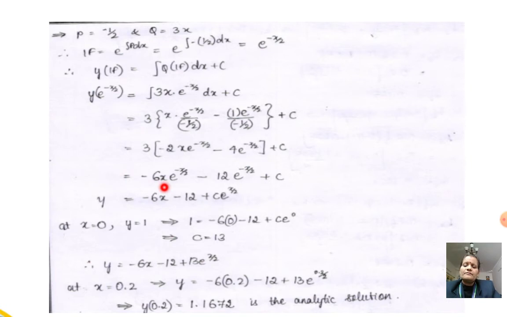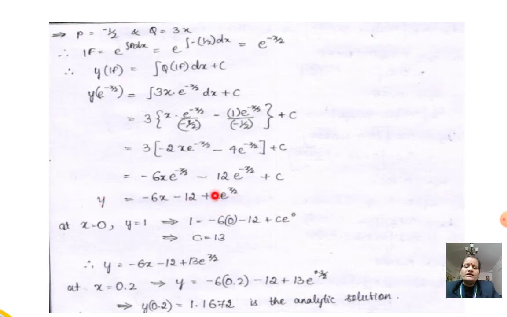Then we get minus 6x, and e power minus x by 2 and e power x by 2 cancel. Again we get only minus 12 here, and for this c it will be divided by e power minus x by 2, which gives us e power plus x by 2. So this is the general solution.